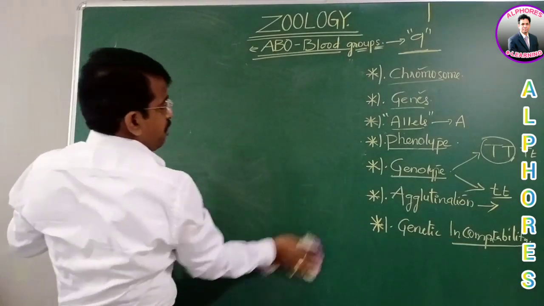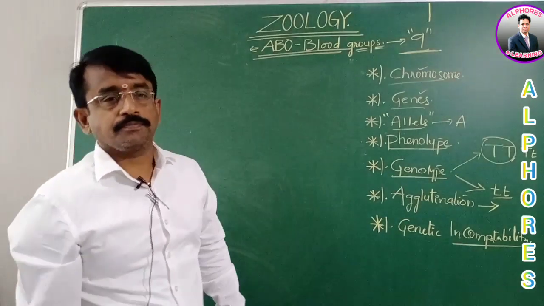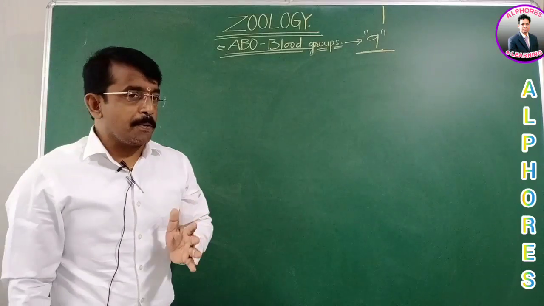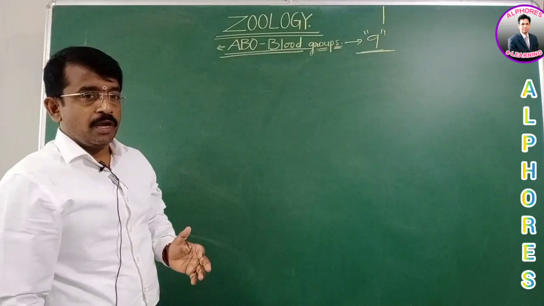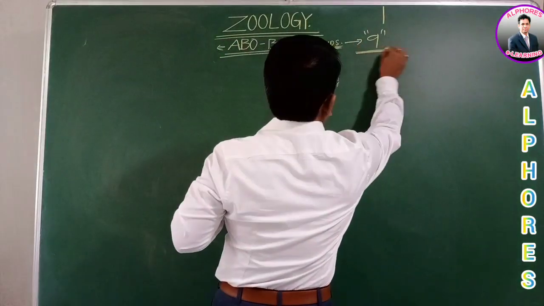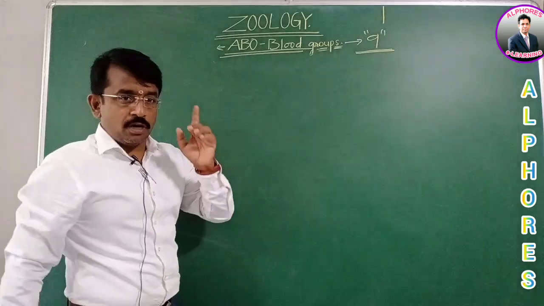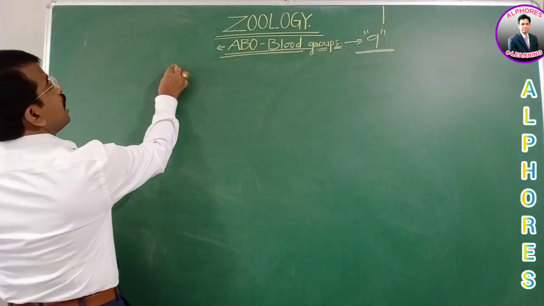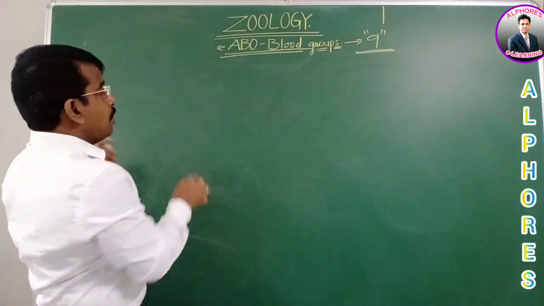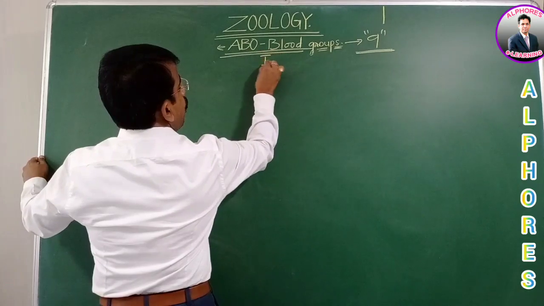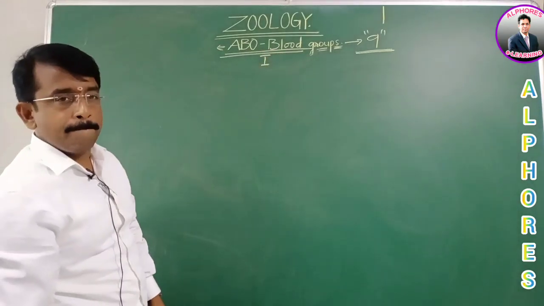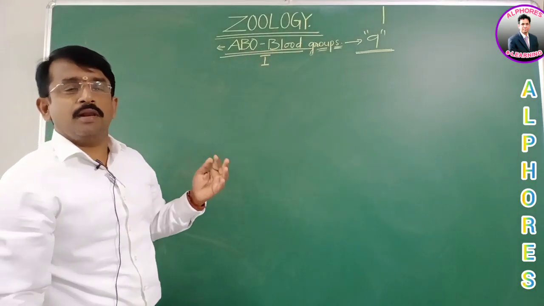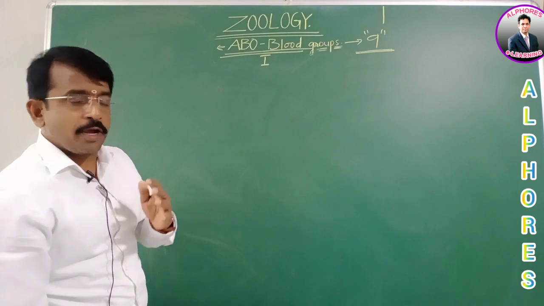Let's go to the discussion of this. The ABO blood grouping system is the best example of multiple allelism, multiple alleles. It is under the control of the 9th chromosome, so it is said to be an autosomal trait. The gene we refer to is I. I is the gene responsible for the ABO blood grouping system, as we have just seen: chromosome, allele, phenotype, genotype.